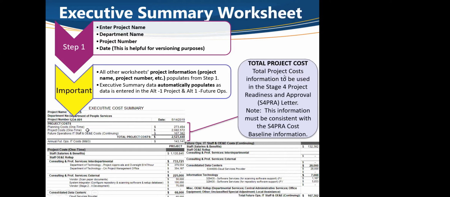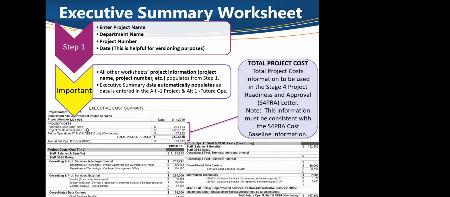So the total project costs, just one thing I wanted you to note was the total project costs for stage 4, the approval letter is going to match this information right here. It's going to have the total planning costs, the total project costs, which are the one-time costs, and it's also going to have your future IT staff and OE&E costs.